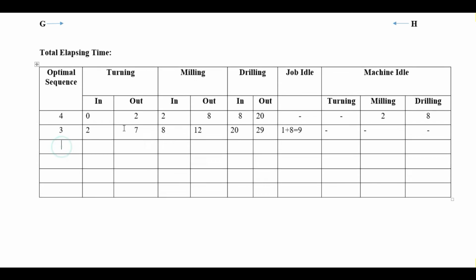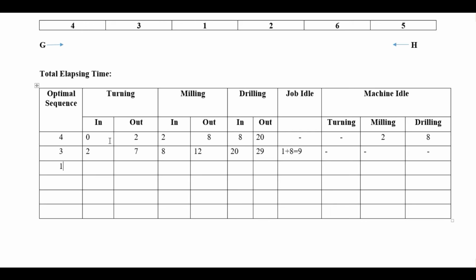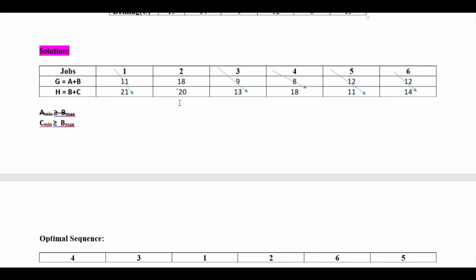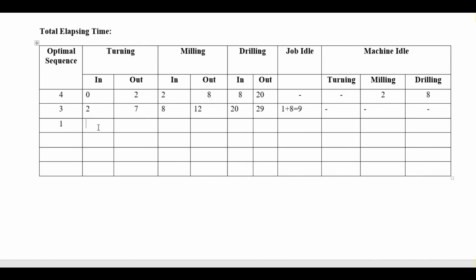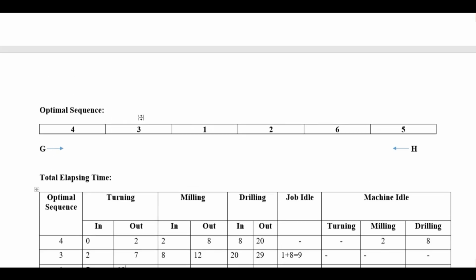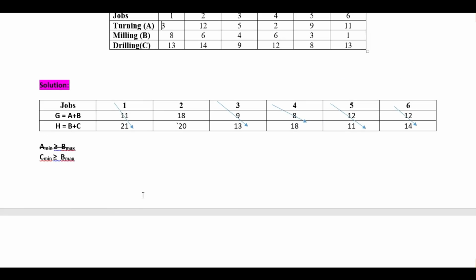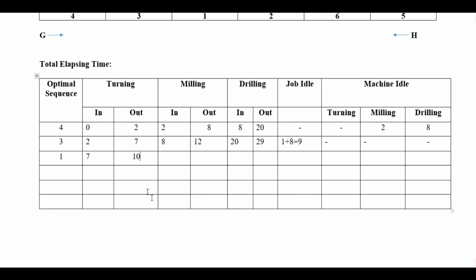Based on the sequence the next job will be 1. For the first job the turning operation will be 3 minutes. After 7 minutes only we have to load it, so this is 10 because the processing time will be 3. Here in the previous case the milling operation will be going on up to 12 minutes. So the job has to wait for 2 minutes. After 12 minutes only the first job can be loaded into the milling machine.